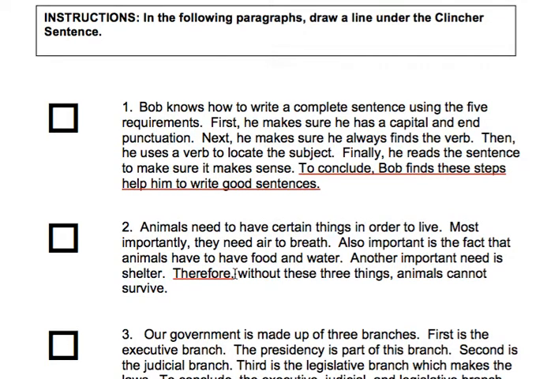"Therefore" is my concluding transition followed by my comma, and then I complete the clincher sentence. Without these 3 things, animals cannot survive. Notice then that I have a clue word, the number 3. So this would be a cluing clincher sentence.